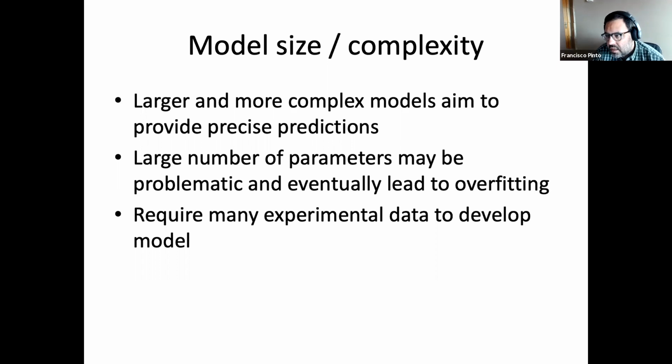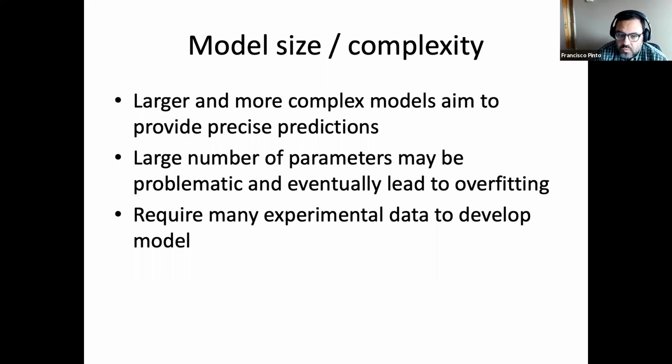And being a model with fewer parameters and fewer equations, we are going to be able to do many more simulations and explore the parameter space more deeply, and that will increase our power to analyze the behavior of the system.